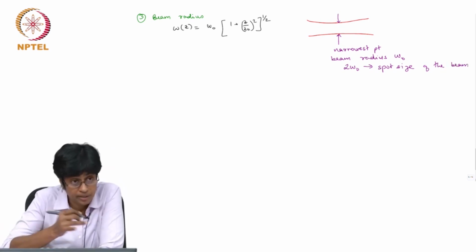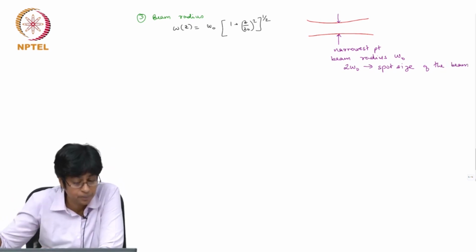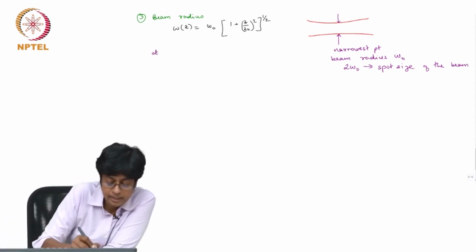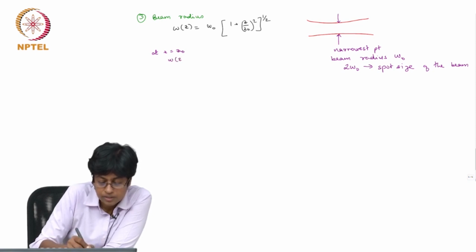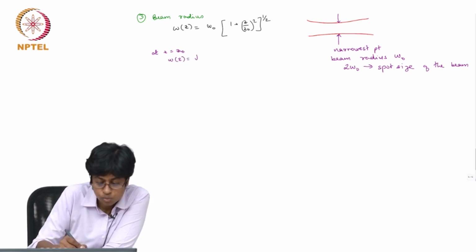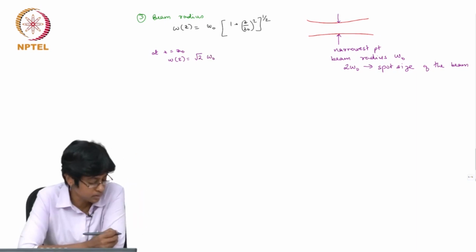This changes. Omega of z changes as the beam propagates. So let's say at z equal to z naught, omega of z is going to be root 2 omega naught.